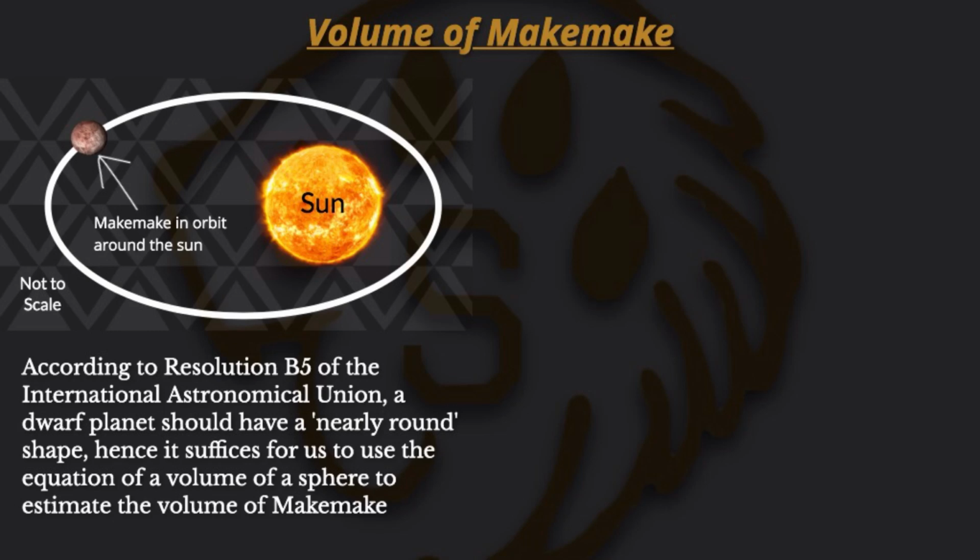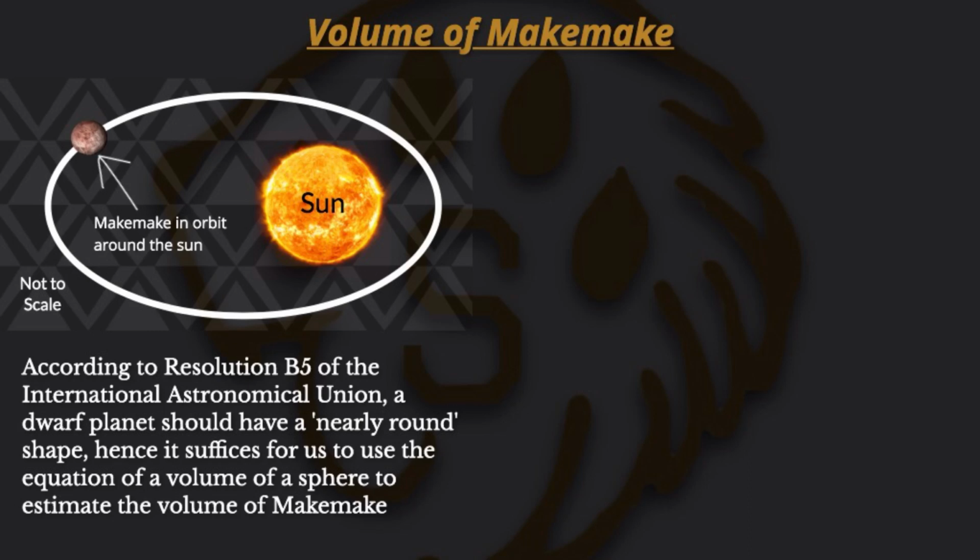And this is why we have resolution B5. And then, because we had Pluto being one of the planets, resolution B6 was then created. I think we'll put a link in the description of this video, so that you can visit the soft copy of the document which was published by the IAU. So you can see the definitions which changed Pluto from being a planet to becoming a dwarf planet, and likewise Makemake.